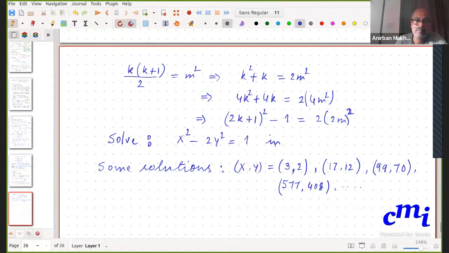Because our ultimate goal is to find this integer k and m, we should look for integer solutions. So solve this in integers. In fact, solving equations in integers is what makes number theory difficult. So integer solution is very important.